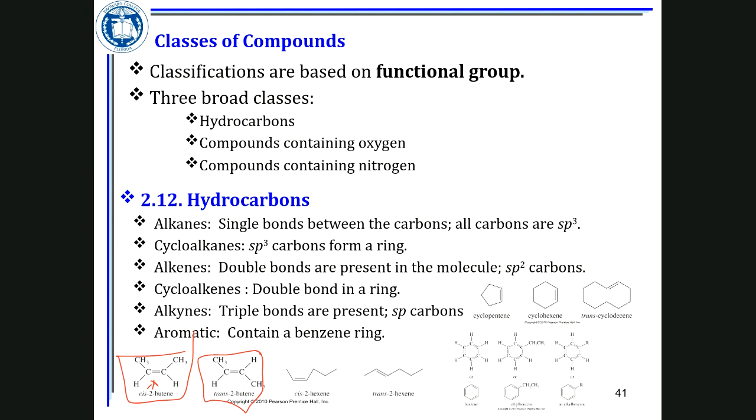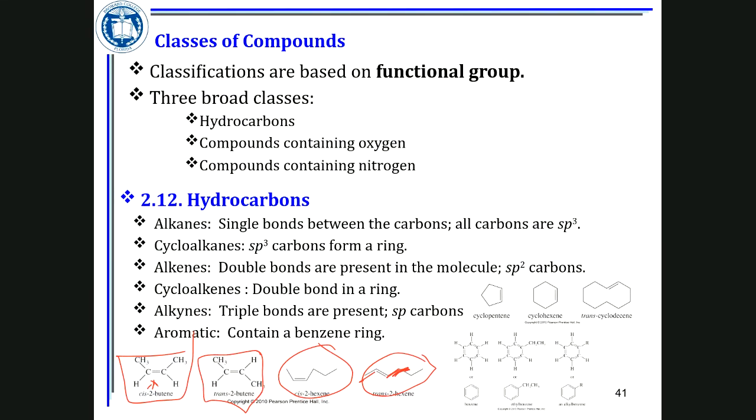What about this one? Also alkene, because the only functional group that you have there is a CC double bond. And same here, alkene, CC double bond. If you look at the plane of the CC double bond, you see one side of the molecule is going to go up, and the other one is going down.